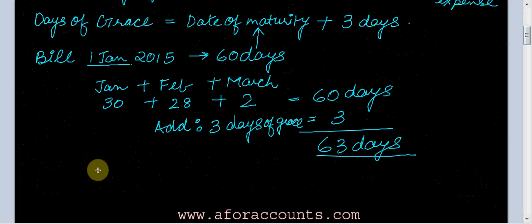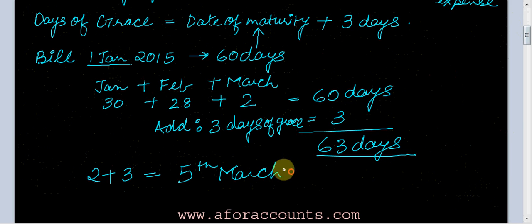So 2nd March plus 3 days of grace makes the bill payable on 5th of March. So this is the logic of days of grace.